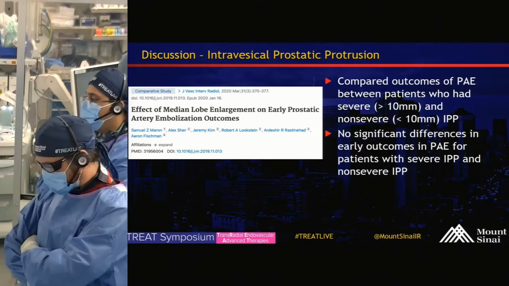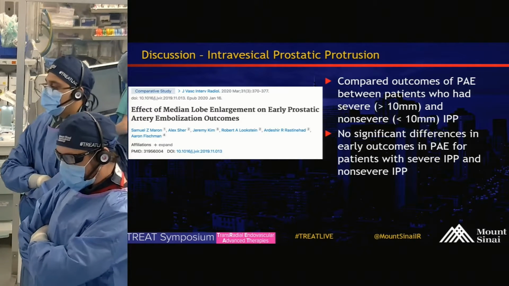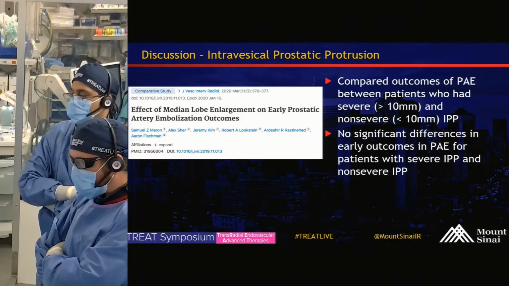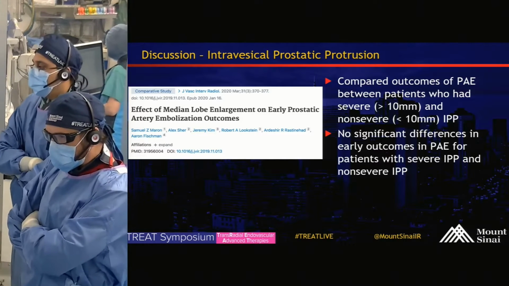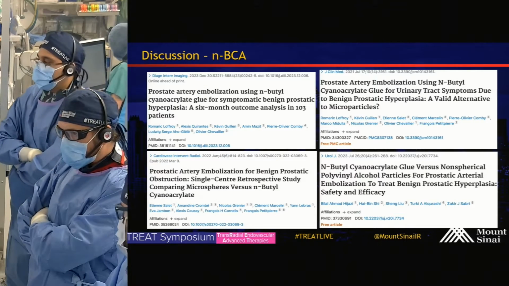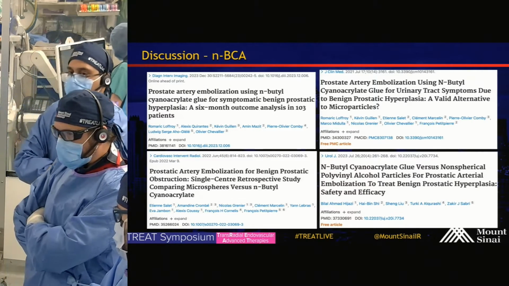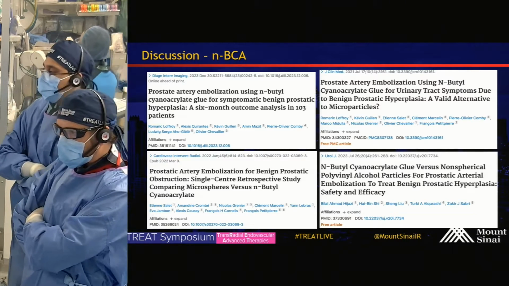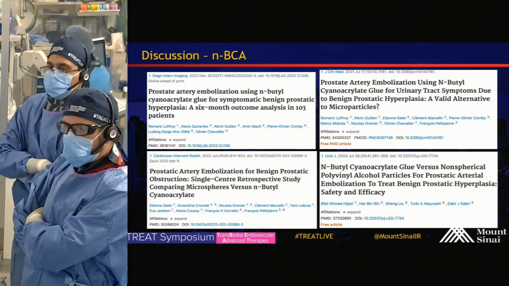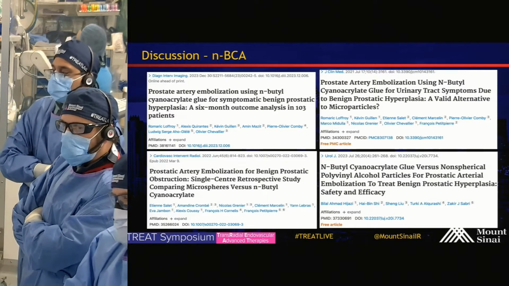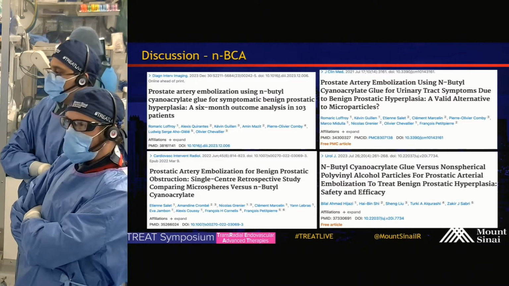We found there were no significant differences in early outcomes of patients who underwent PAE with severe versus non-severe intravesical prostatic protrusion. And there are a lot of studies out there that discuss the use of n-BCA in prostate artery embolization. The majority of them show it's a safe and effective alternative. Some studies also demonstrate lower fluoro use and shorter procedure times.